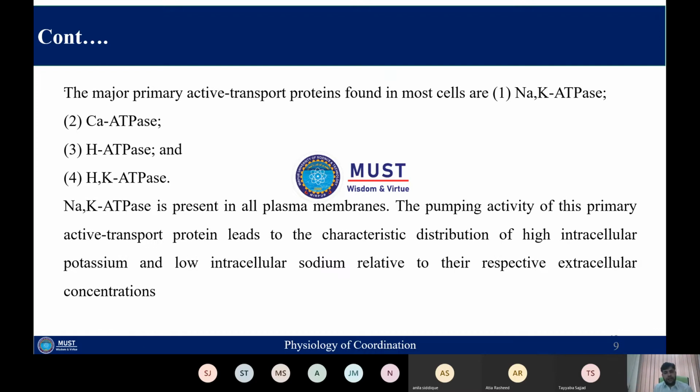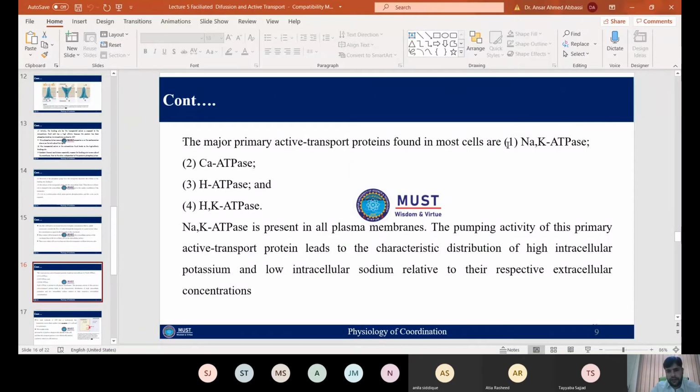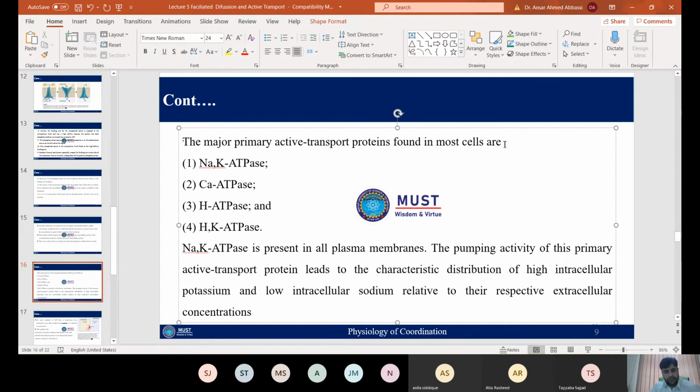So the major primary active transport proteins which are present in the cell are called sodium potassium ATPase. One of them is sodium potassium ATPase, and similarly we have calcium ATPase, hydrogen ATPase, and hydrogen potassium ATPase.